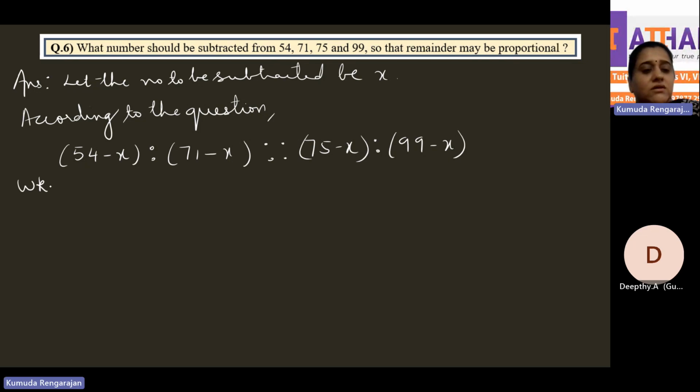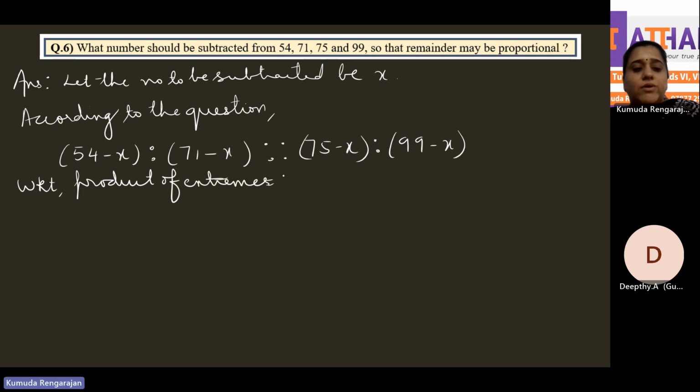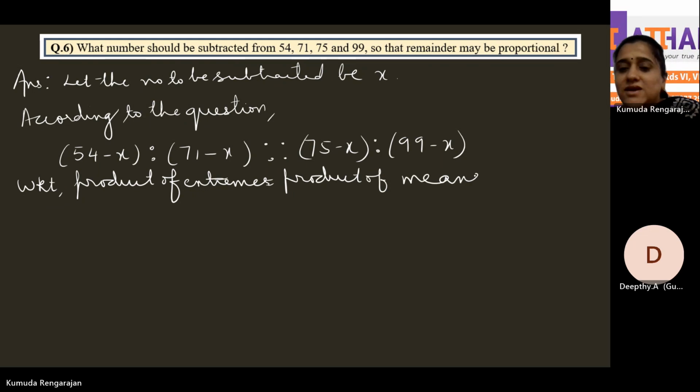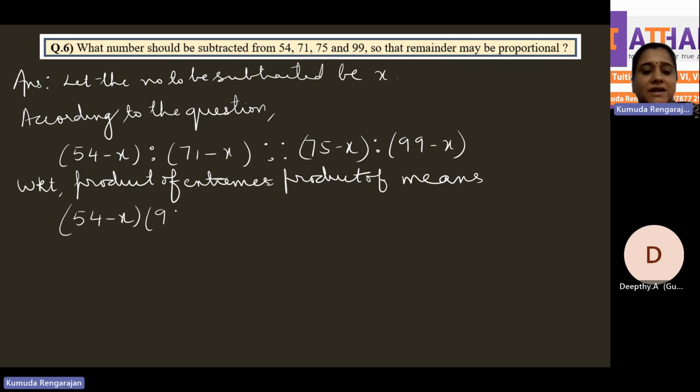We know that product of extremes is equal to product of means. So what is the product of extremes? 54 minus x multiplied by 99 minus x.